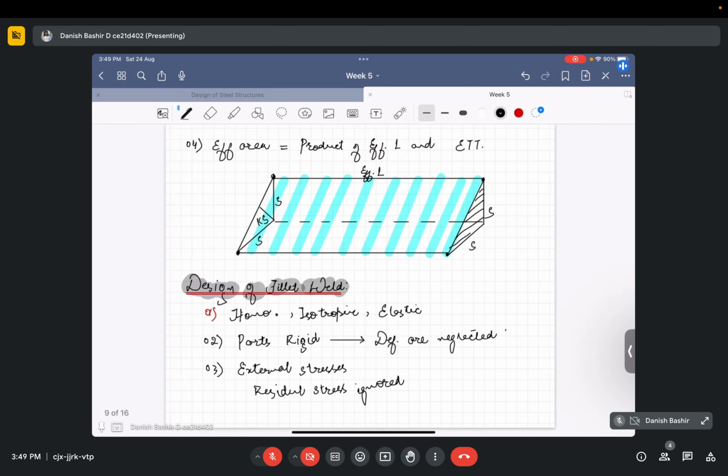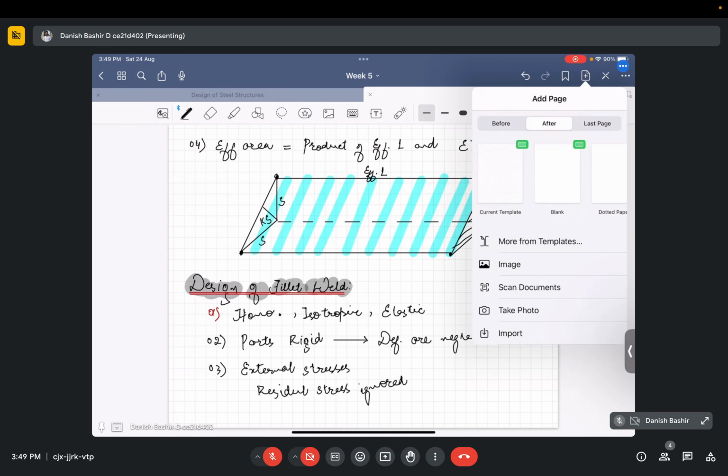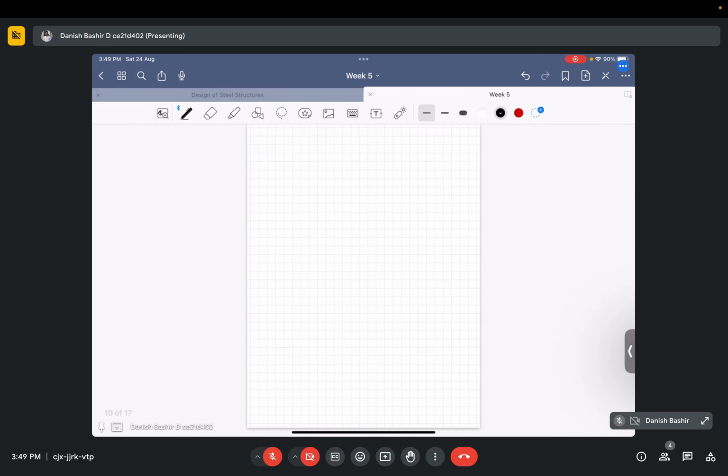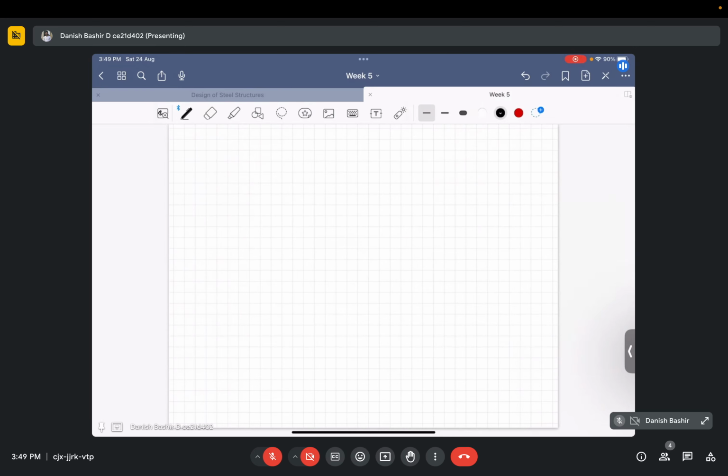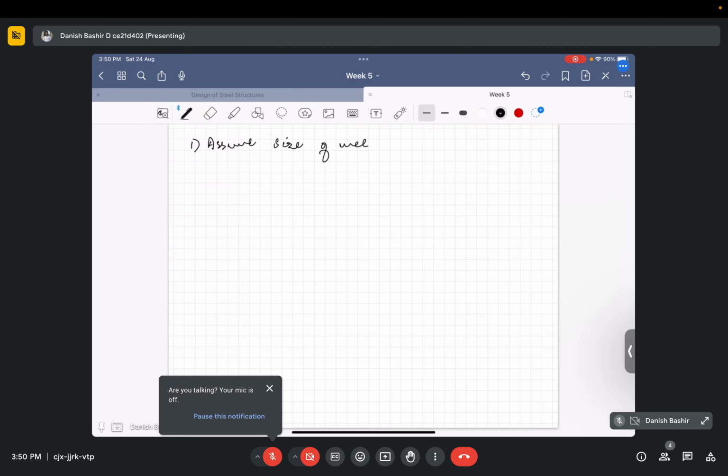So then we have the design procedure. For the design procedure, the first and foremost thing that we do is assume the size of the weld, s.